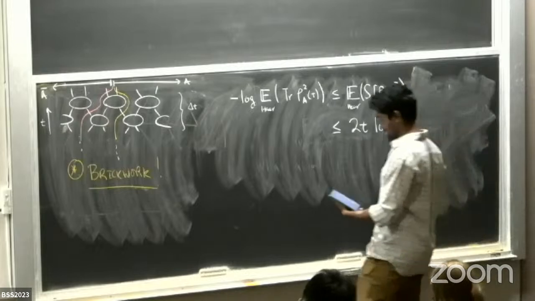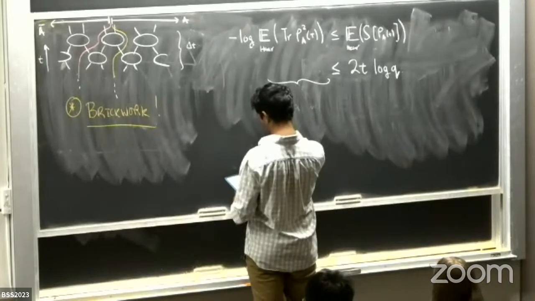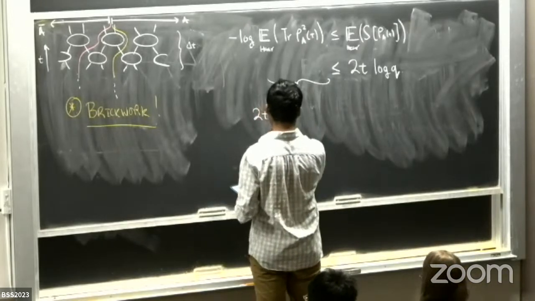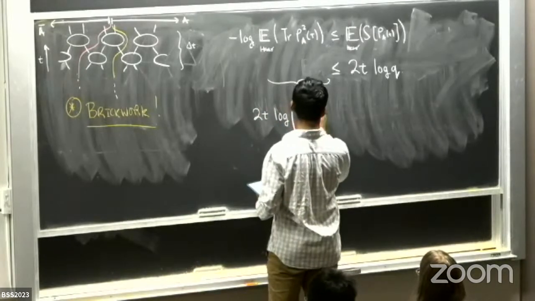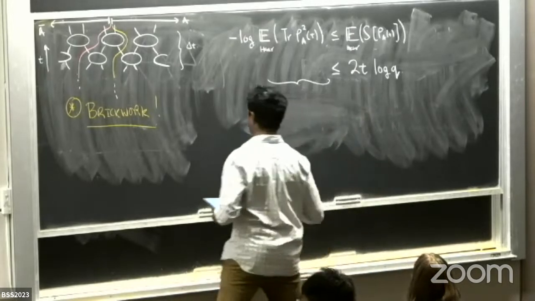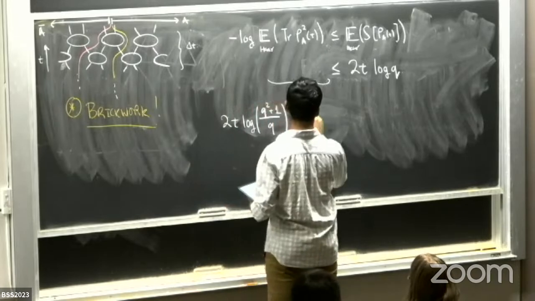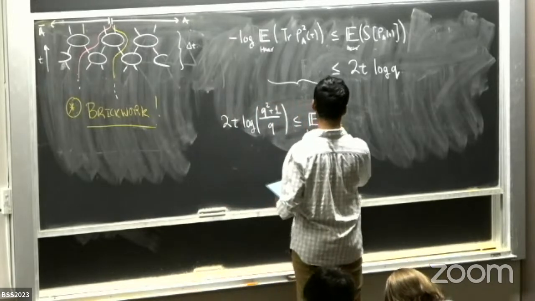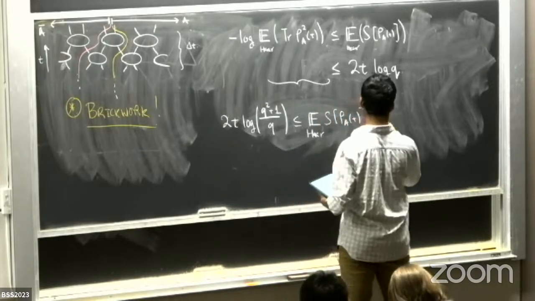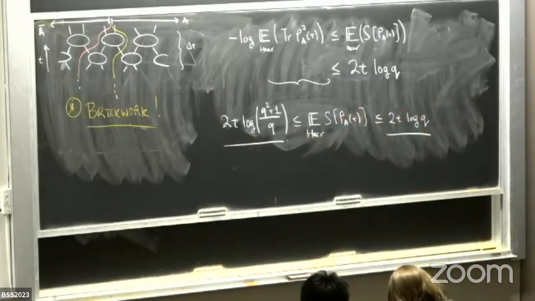Let me just write this out explicitly. So this means that we've kind of sandwiched the Haar averaged von Neumann entropy, which is what we want to calculate, between these two quantities, these two functions.